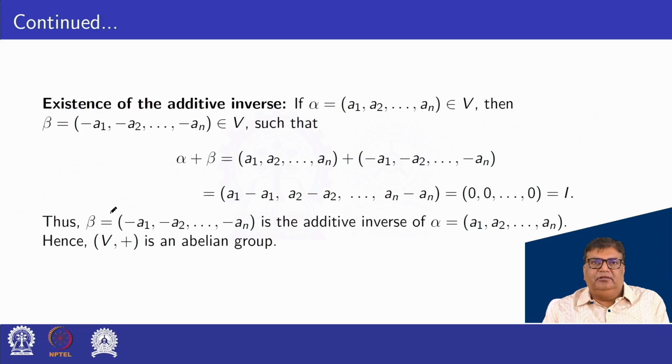So we can say that the tuple (minus a1, minus a2, and so on, minus an) is the additive inverse of the vector n-tuple (a1, a2, and so on, an). Hence, the ordered pair (V, plus) is an abelian group.